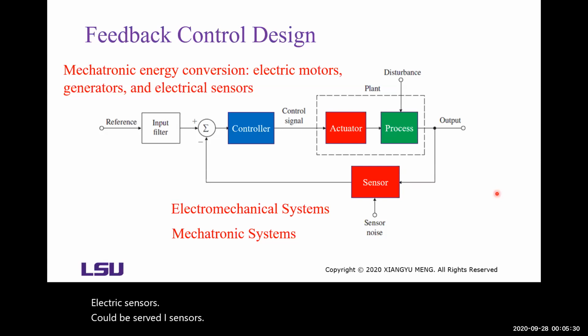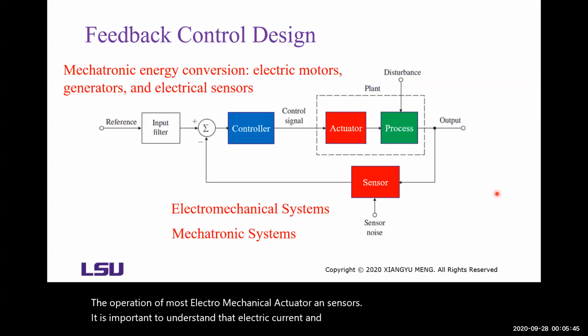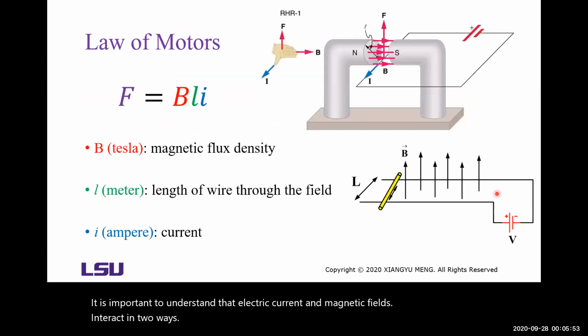To understand the operation of most electromechanical actuators and sensors, it is important to understand that electric current and magnetic fields interact in two ways. The first way is the law of motors.